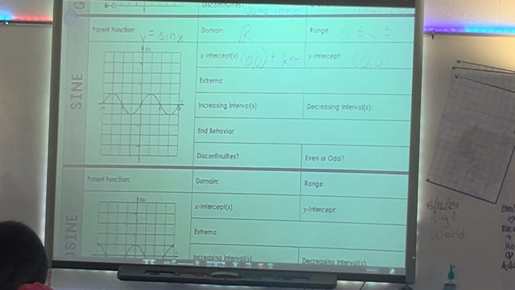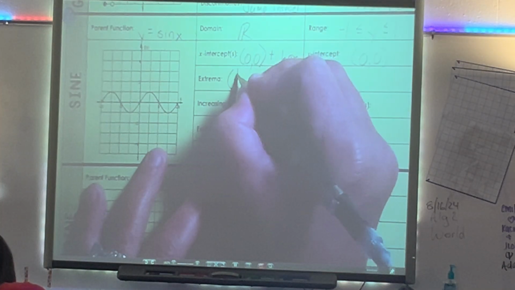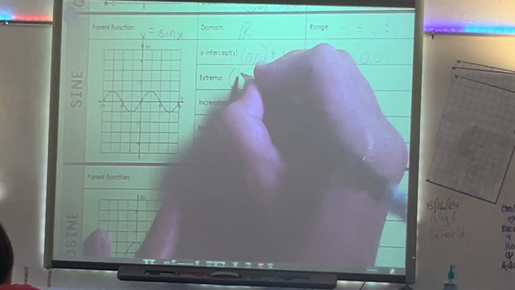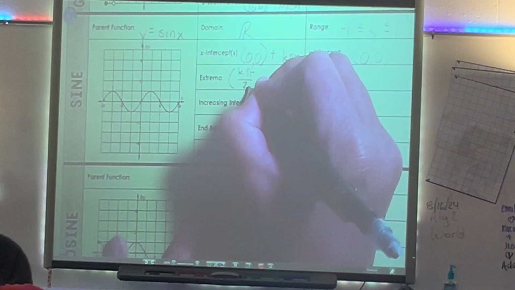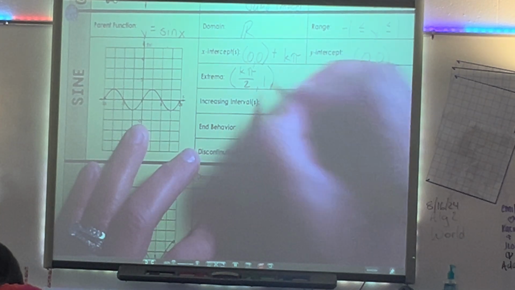So the extrema here is written like this. And like I said, I'm not really going to get into the explanation on this now because I'll hit it when we get to the second semester. It's going to get the basics on here. So k pi over 2 for your x value, and your y value is 1.